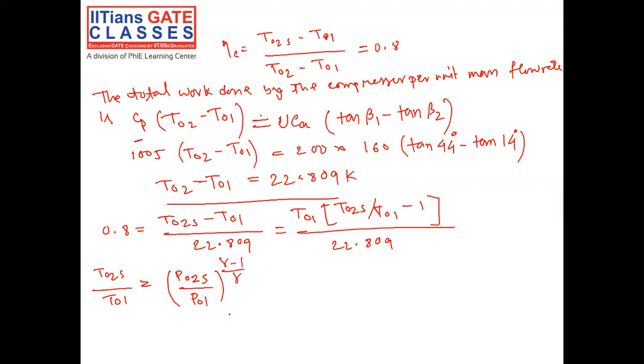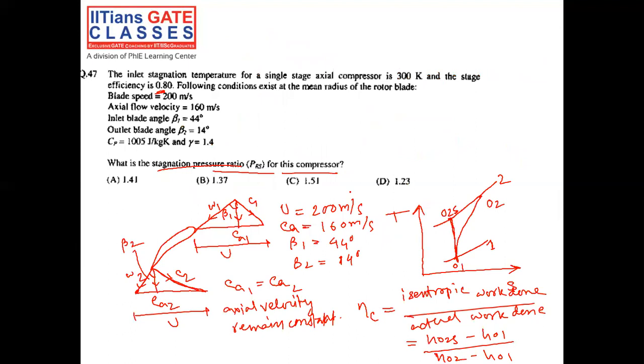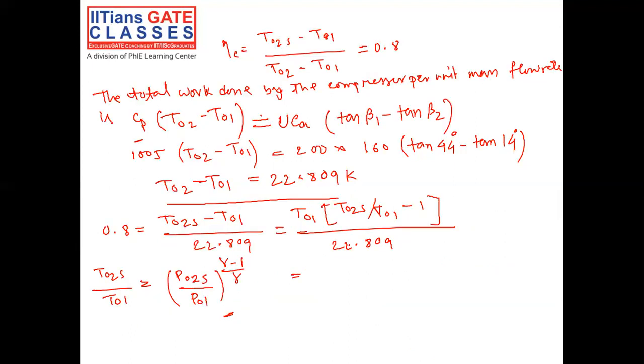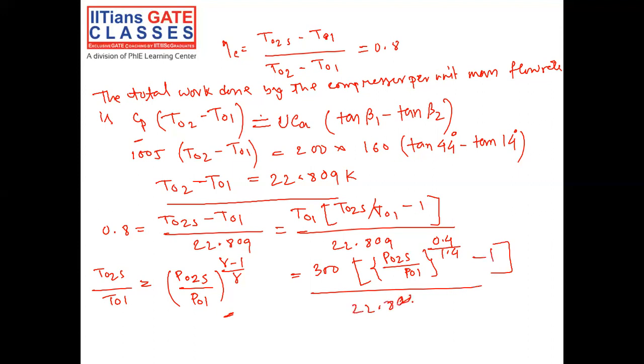Right, substituting this in this expression, TO1 is given as 300 Kelvin. So 300 into the pressure ratio to the power gamma minus 1 by gamma, gamma is 1.4, so basically it comes this divided by 22.809.